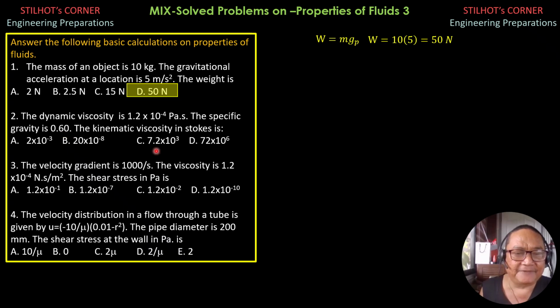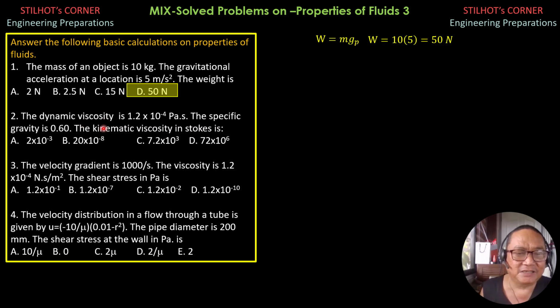So the kinematic viscosity in Stokes: kinematic viscosity is the ratio of the viscosity of the substance to its density. The viscosity is also dynamic viscosity, absolute viscosity, coefficient of viscosity. Remember the different synonymous terms for viscosity.